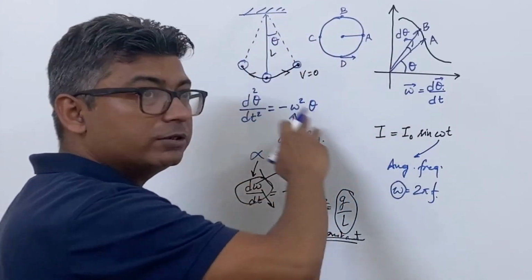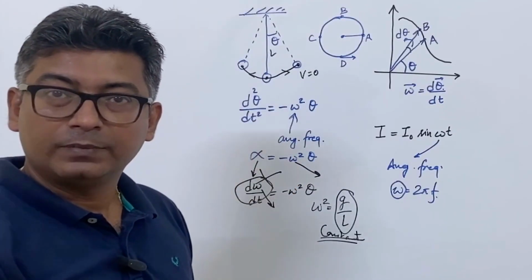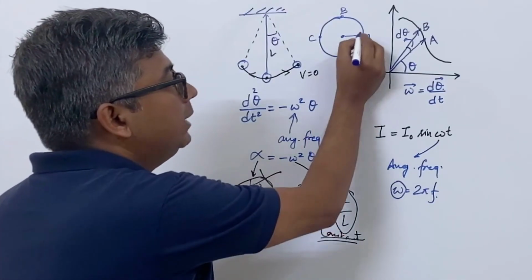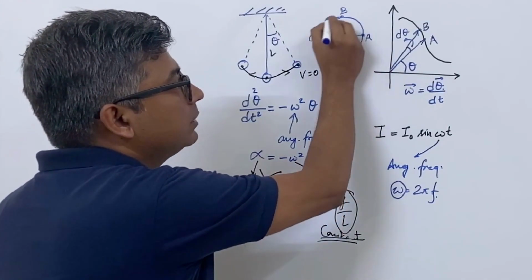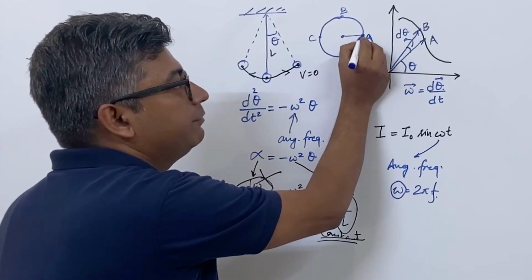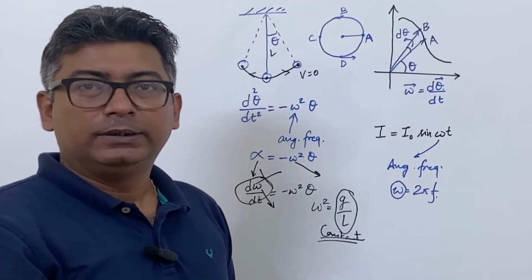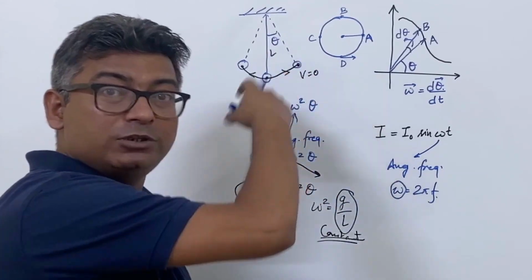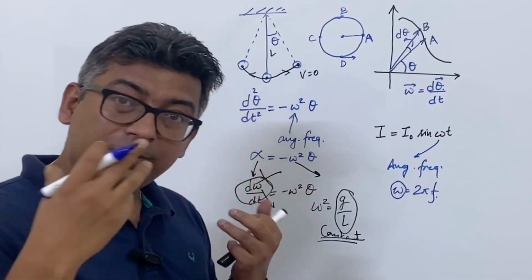Because the linear velocity is constant throughout, the omega is also constant. So if omega is constant, it will be the frequency of motion. That means if the particle starts from A, it has to come back to A. So that omega and the angular frequency of this circular motion will be exactly equal.